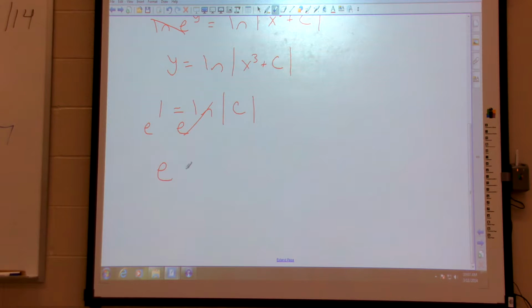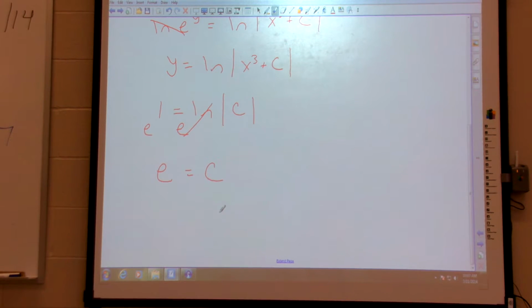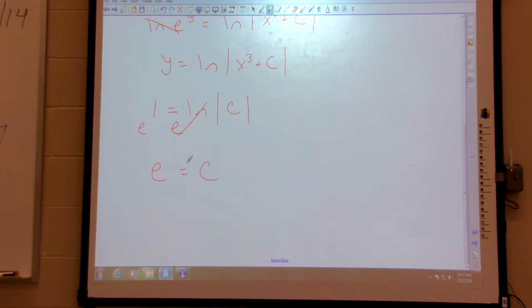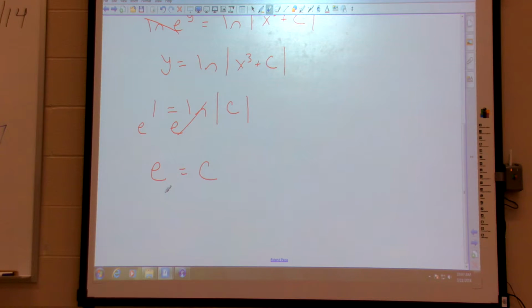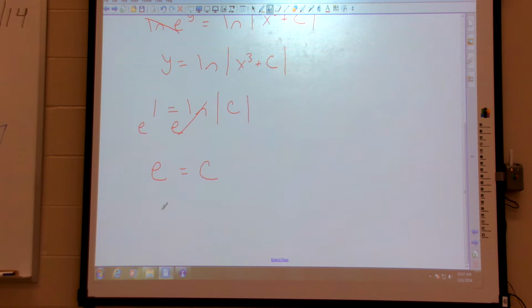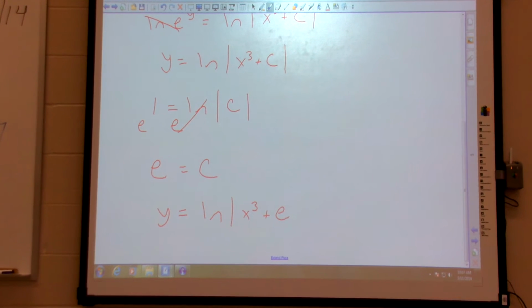So you have e equals c. The absolute value did not matter in this case because we know e is positive, right? So I have y equals natural log of x cubed plus e.